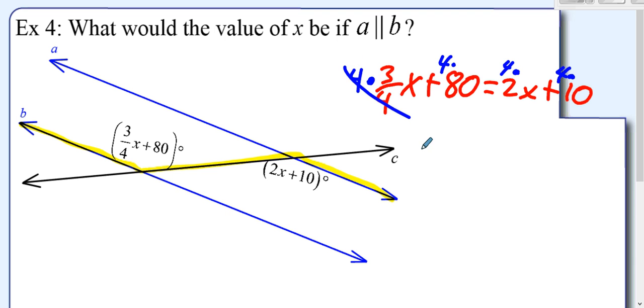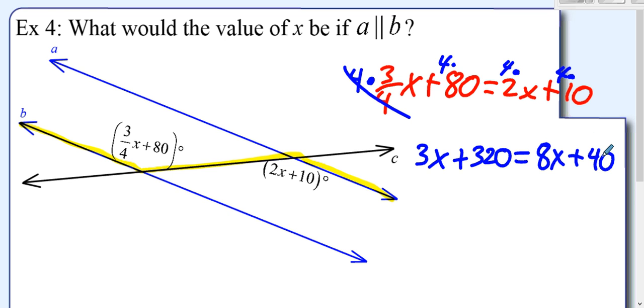So you get 3x. 4 times 80. I know 4 times 8 is 32. So you just got to tack a 0 on there. Four times 2 is 8x. And then 4 times 10 is 40.